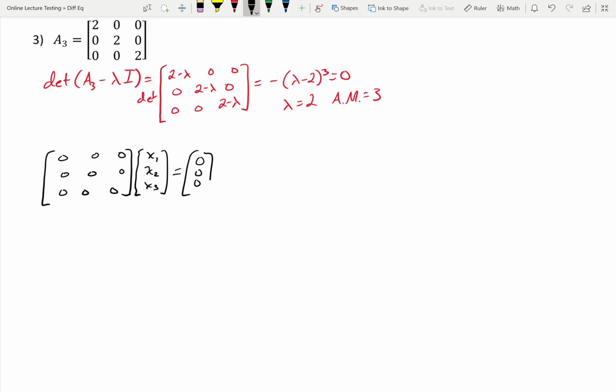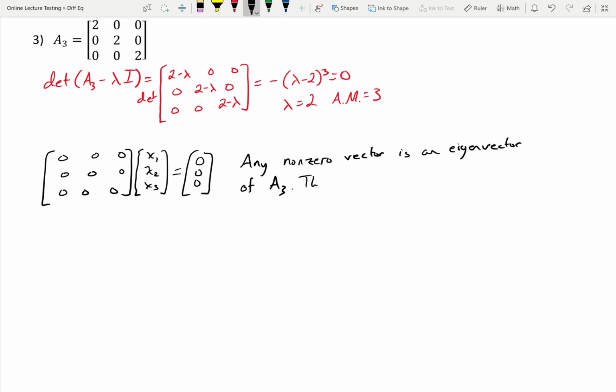When we have a zero matrix, any non-zero vector, again, we don't want this to be a trivial case, is an eigenvector of A3. And you can test that. Pick any three numbers that you want for a1, a2, and a3, multiply by the zero matrix, and we're going to get zeros out. That's the cool thing.